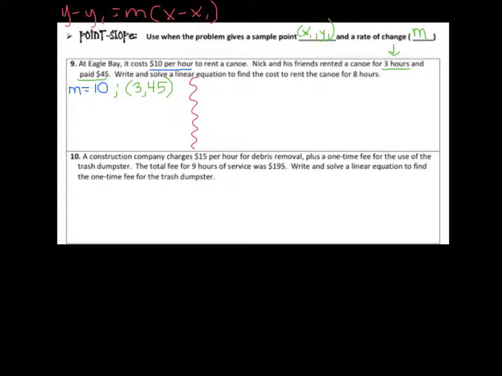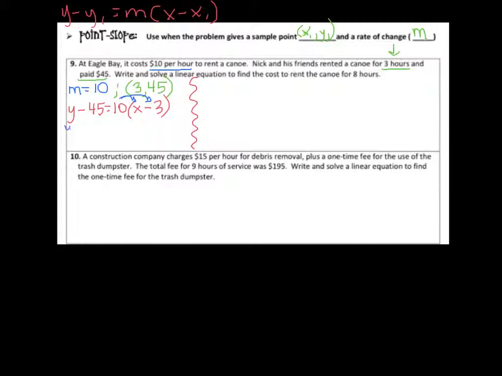We have y minus, and then our y1 in this case is 45, equals our slope, which is 10, times x minus, and in this case our x was 3. Alright, so now I'm going to use this to write another equation in slope-intercept form. So I'm going to simplify. Step 1 would be to distribute my 10.